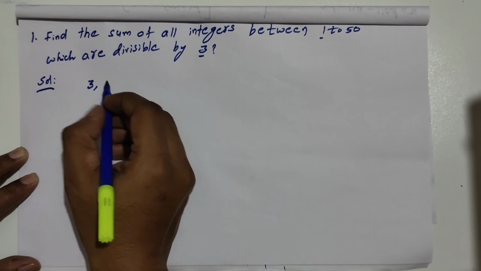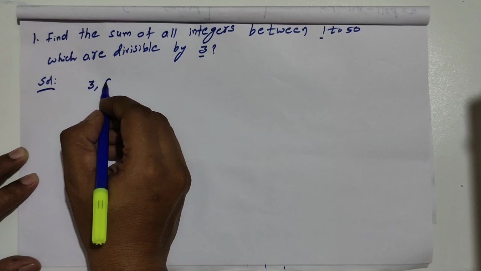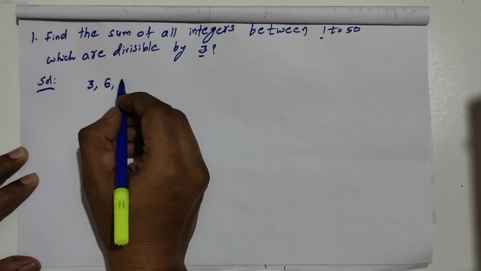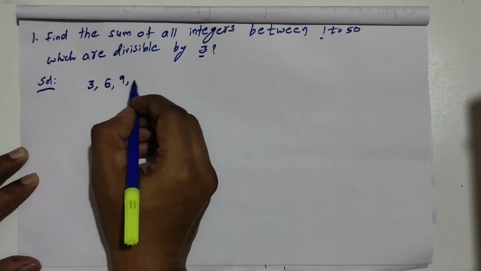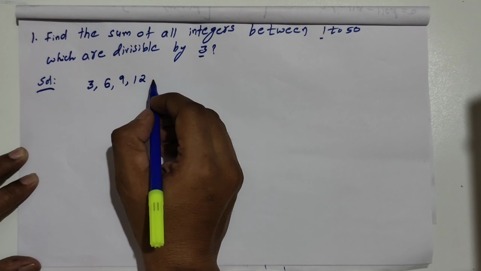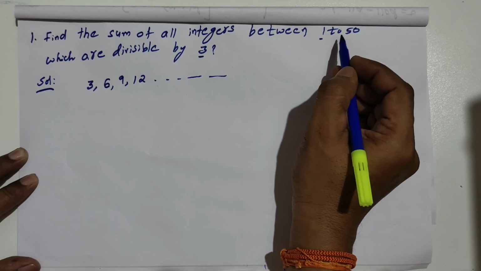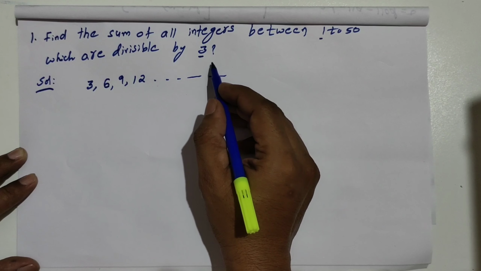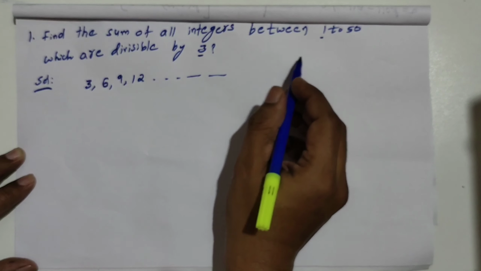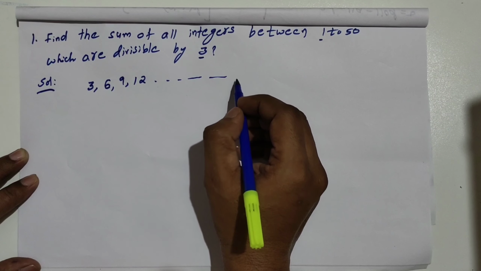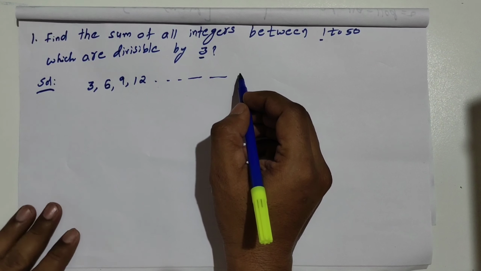And the next immediate one is 6, and the next 9, and the next is 12, and so on. We have to write the last number before 50 which is divisible by 3, in this finite arithmetic progression.